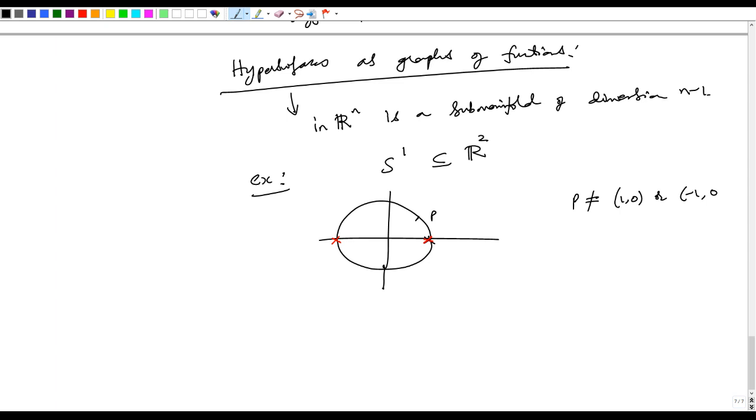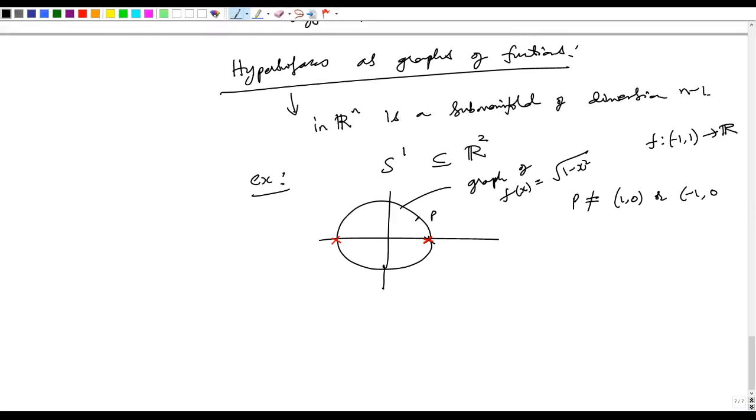In that case, I do know that as long as I restrict my attention to P lying in the strict upper hemisphere, the entire upper hemisphere, excluding the endpoints, can be described as the graph of the function f of x equals square root of 1 minus x squared, where f is a function from the open interval from here to here, minus 1 to 1, which is this interval here.